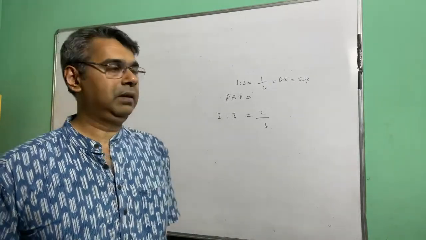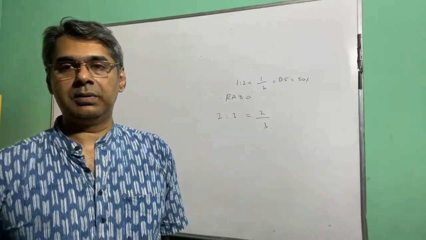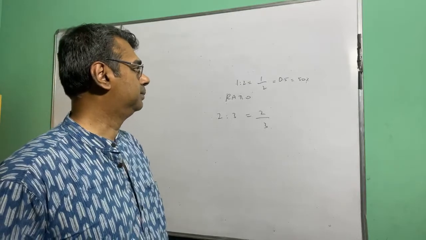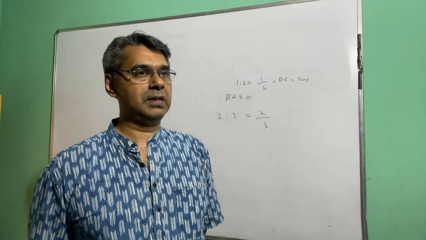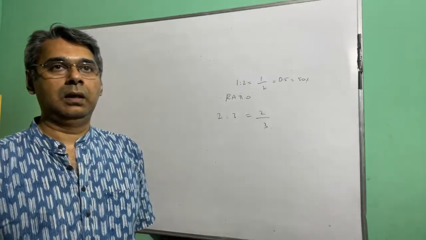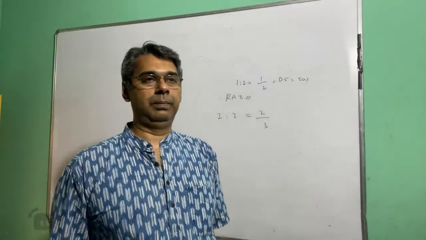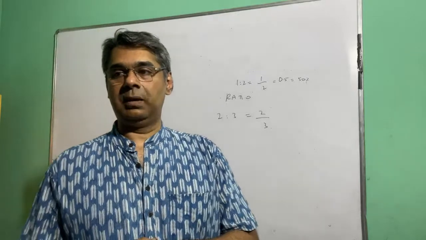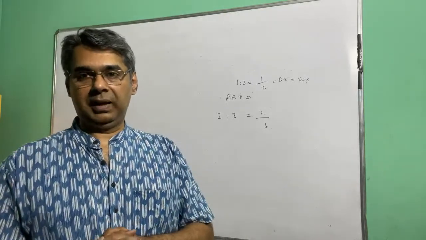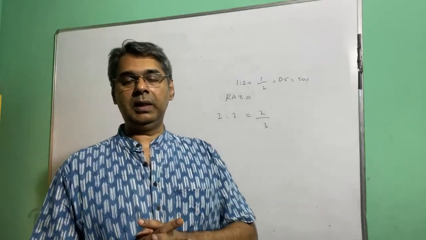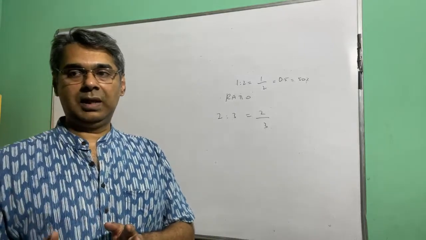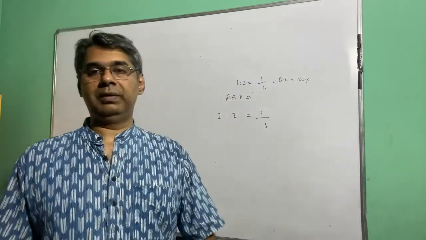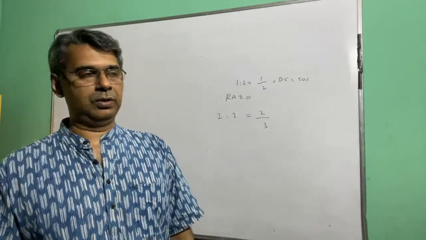For example, the amount of money the man gave his elder son as compared to the total money which the man had is 1:2.